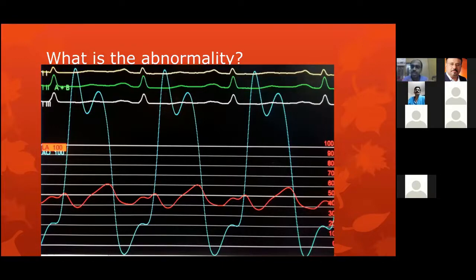In a patient with cannon wave, as the ventricle is contracting, the tricuspid valve is closing. There was no preceding A wave because the atria was not contracting. But now the atria is contracting because of the junctional rhythm.